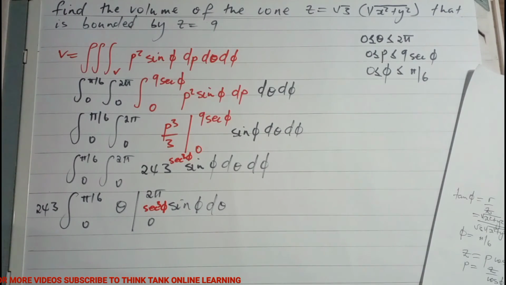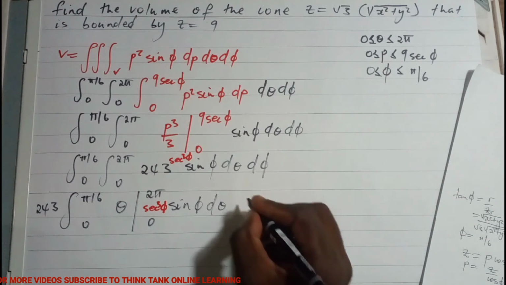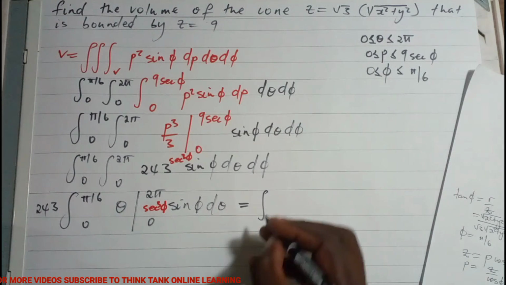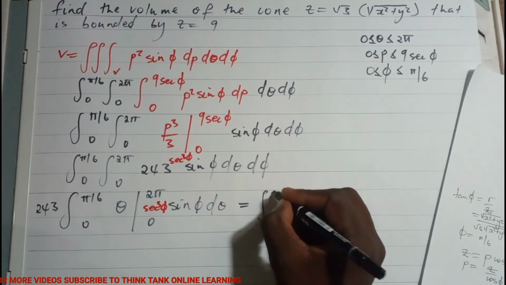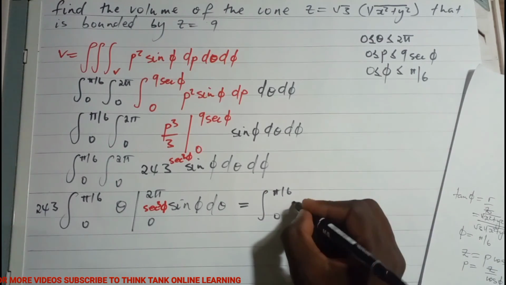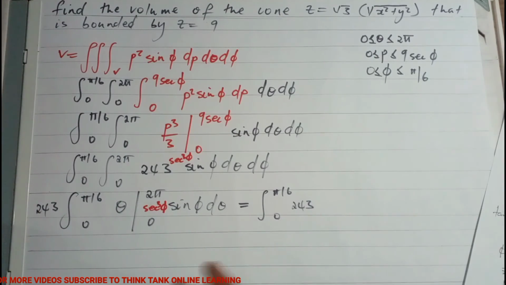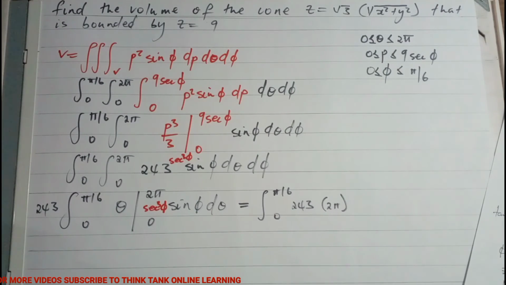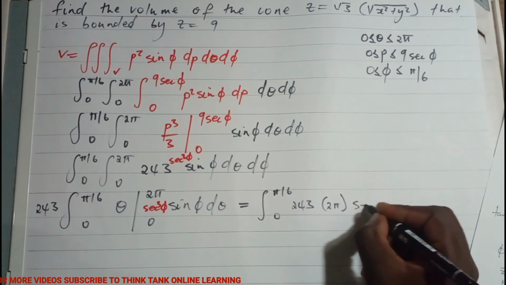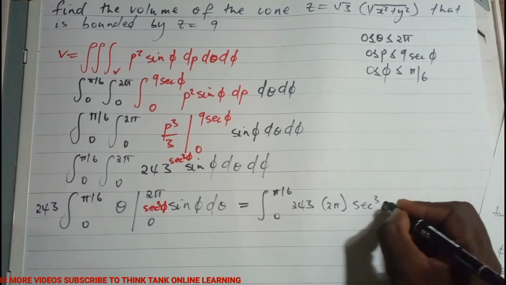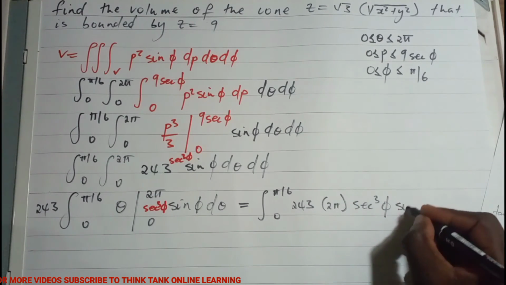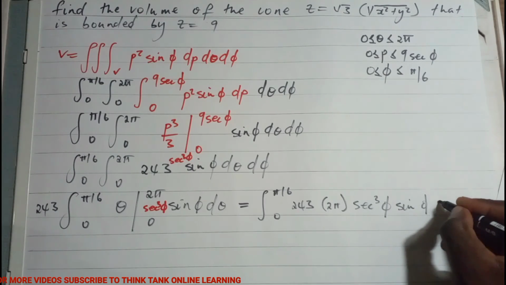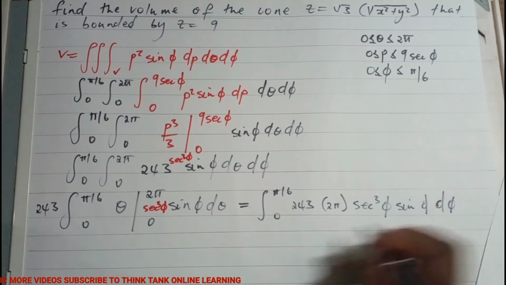So now this is equal to upper bound minus lower bound. We have 243 here, pi upon 6. The upper bound is 2 pi, the lower bound is 0, so it's 2 pi secant phi sine phi d phi.